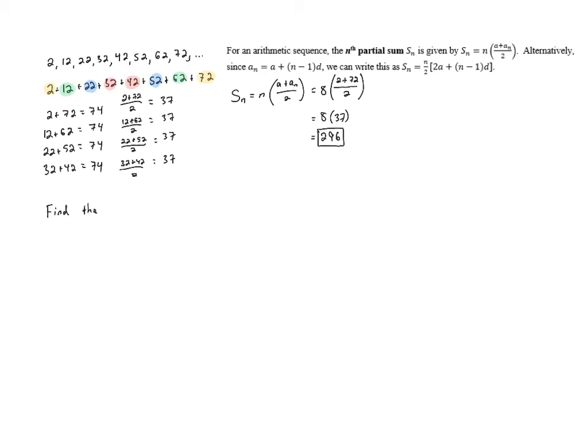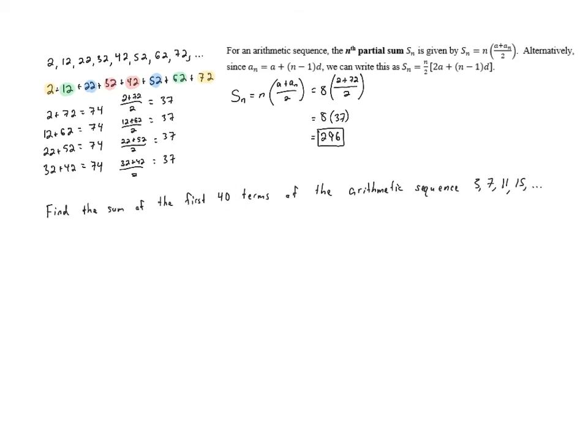Let's find the sum of the first 40 terms of the arithmetic sequence 3, 7, 11, 15, etc. So here we want to find a partial sum with 40 terms.